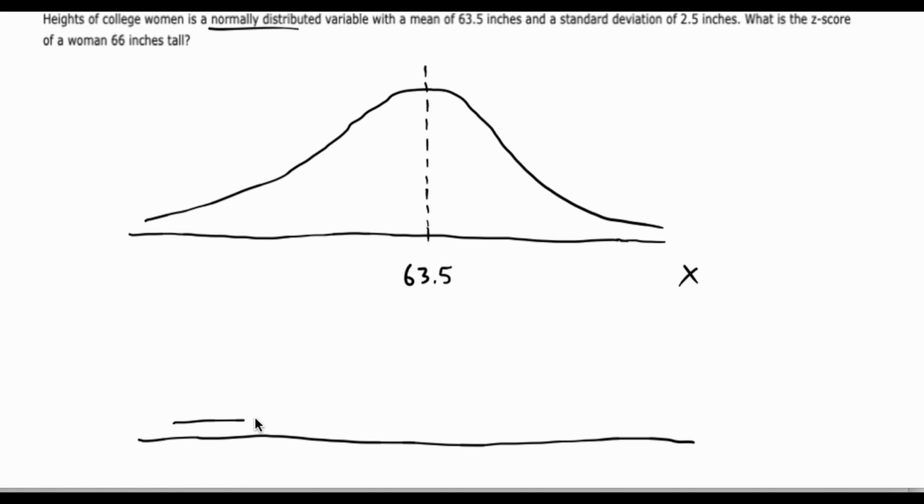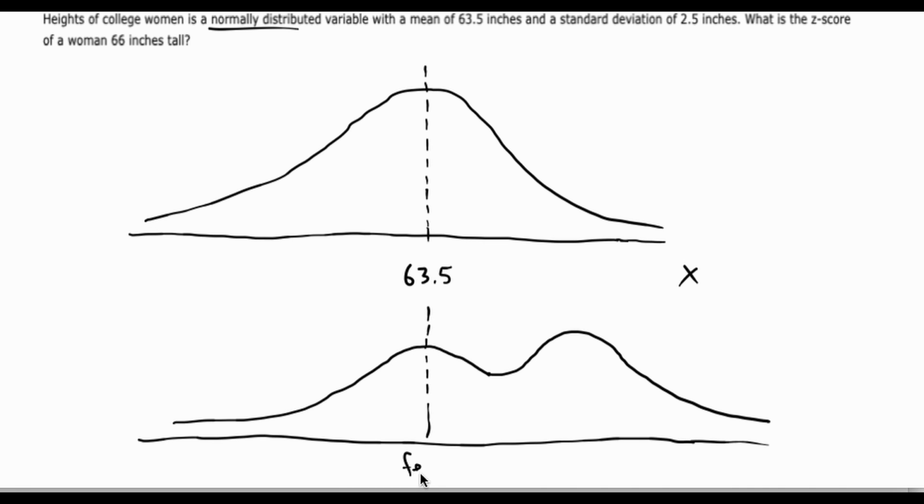So where it might be that women would have one average, men could have some other average, and so we would get two humps to this distribution if we were to measure everybody. So, here we'd have female average, and over here you might have another peak for males. So they're only measuring females, so we'll get a normal curve.